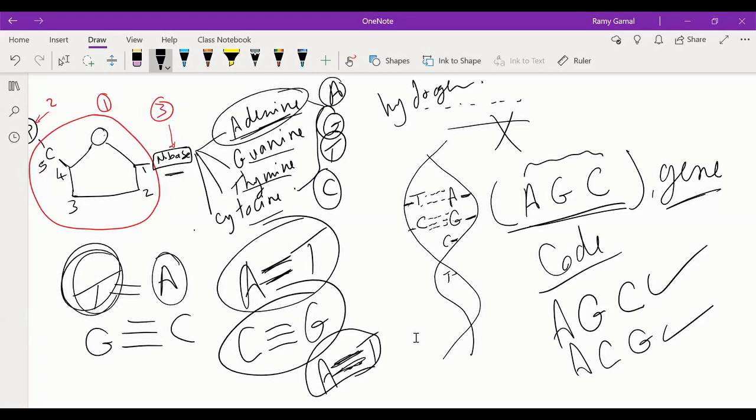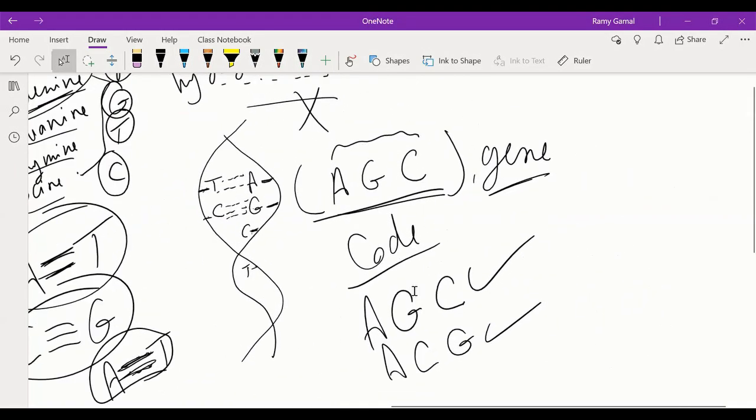A change in any of these sequences or order will make another gene. I hope you got this idea. Okay, let's go to the genetic disorder.